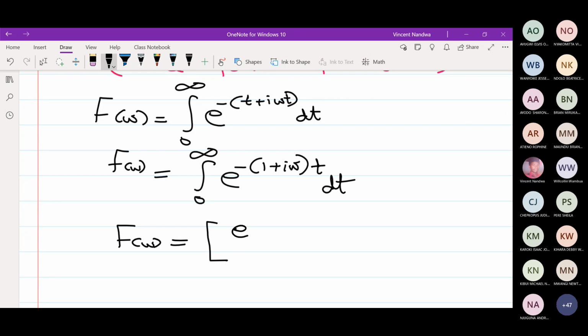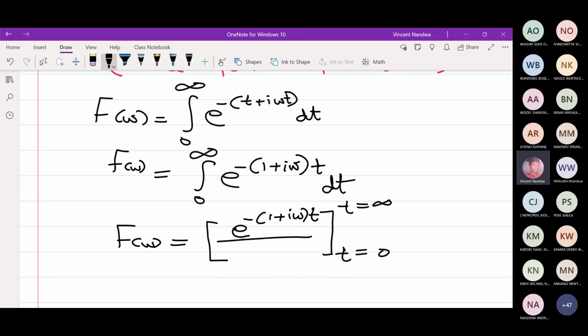E power negative (1 plus i omega) t divided by which value? Don't disappoint your calculus teacher.